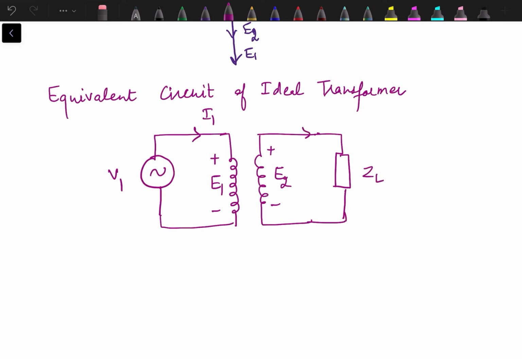We have load impedance over here and current I2 is flowing like this. So this is the equivalent circuit of an ideal transformer.